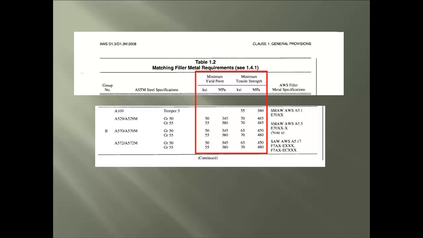And then the minimum tensile strength, also providing the KSI and megapascal numbers. And lastly is the filler metal specification and classification that is approved to be used with the base metal within this group 2.